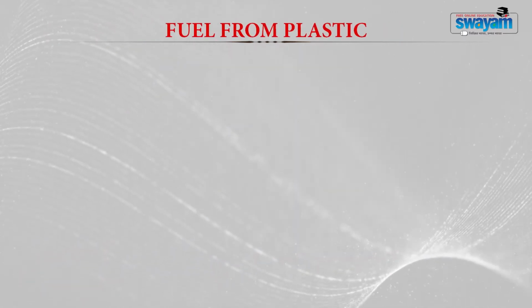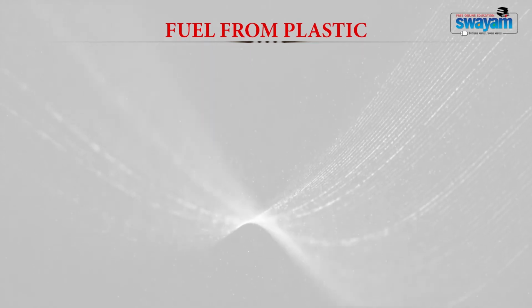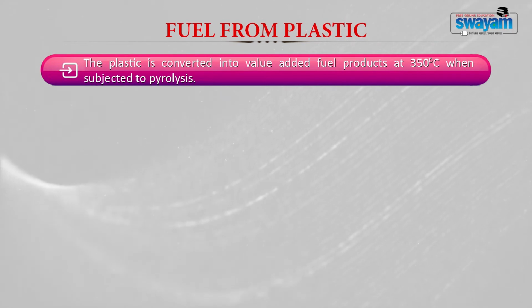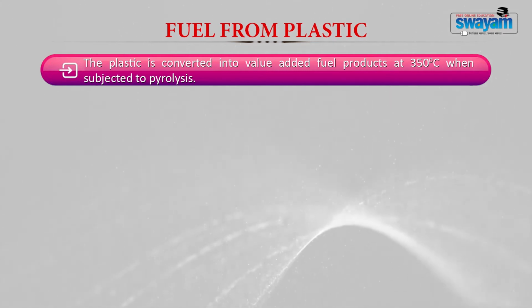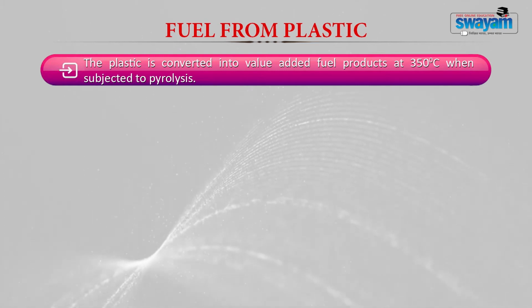Another way by which packaging material or plastic pollution can be reduced is by using them for generating fuel. The plastic or packaging material which is collected will be converted into value added products at a temperature of 350 degrees Celsius when subjected to pyrolysis. Now, what is pyrolysis?